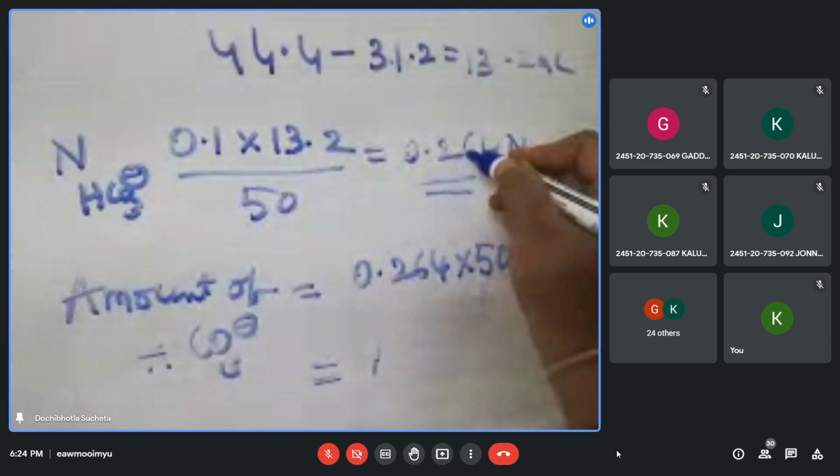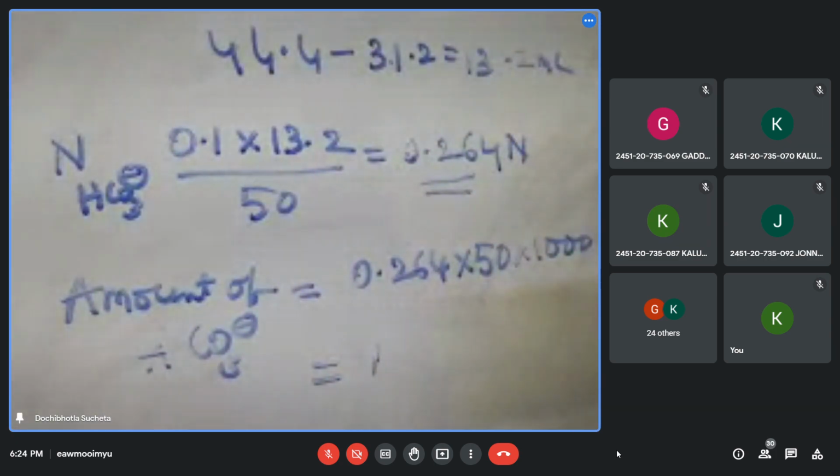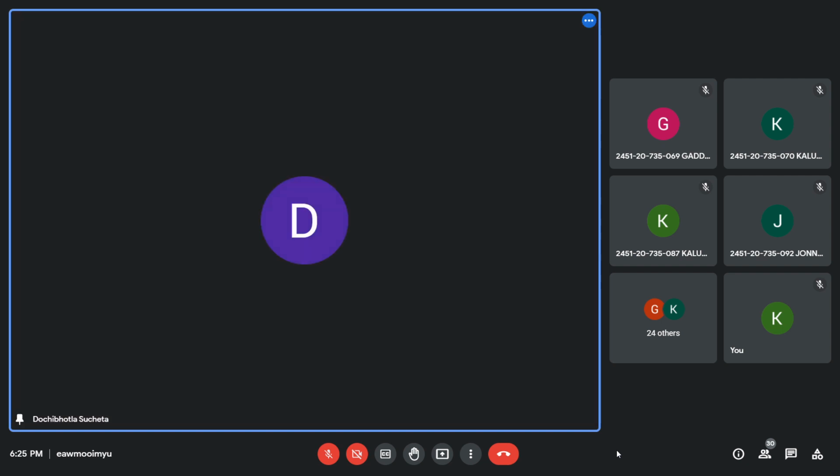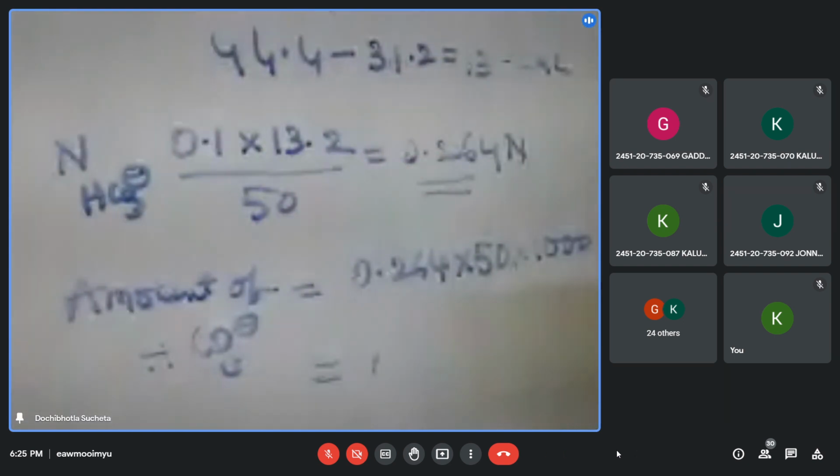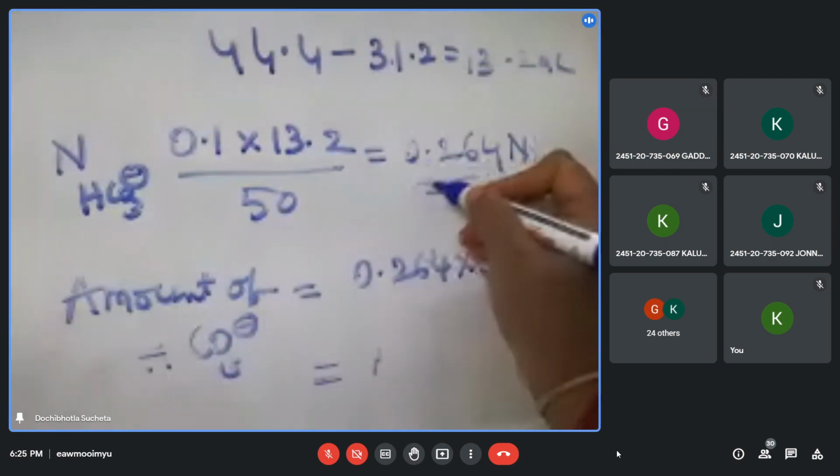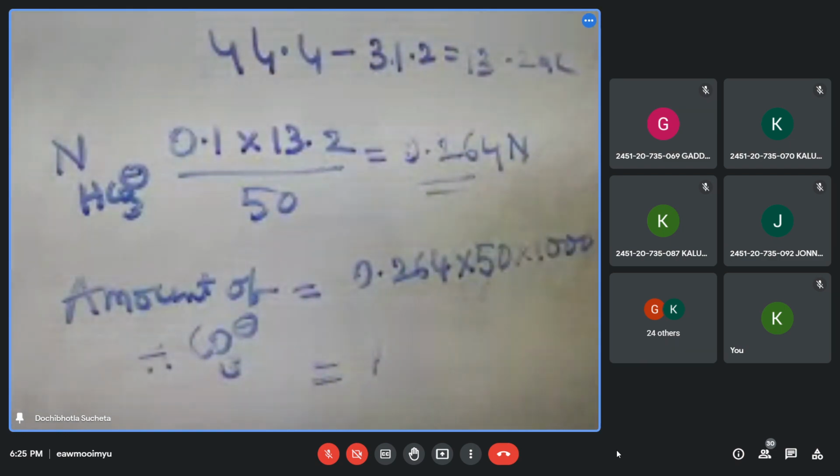See, is the calculation correct? It is 0.264 or 0.0264? Calculate once more. Let me also take the calculator. Come on, kids. Is this 0.264 correct? 0.0264, ma'am.